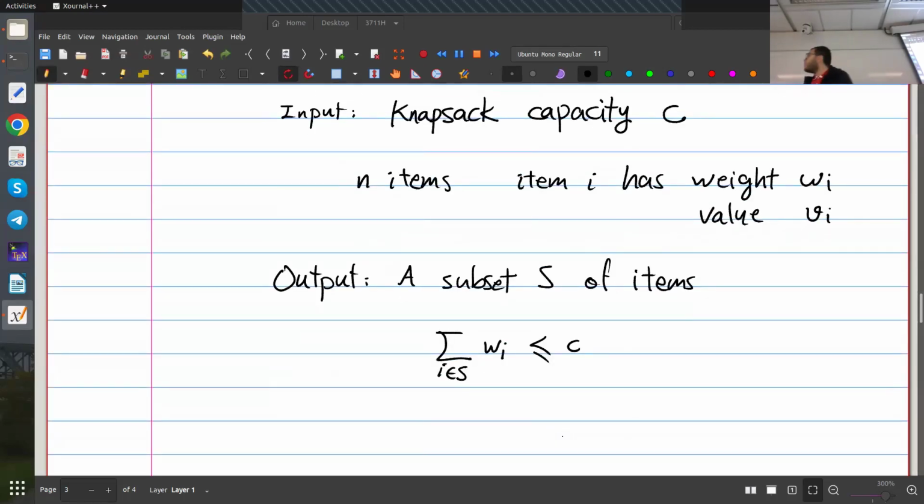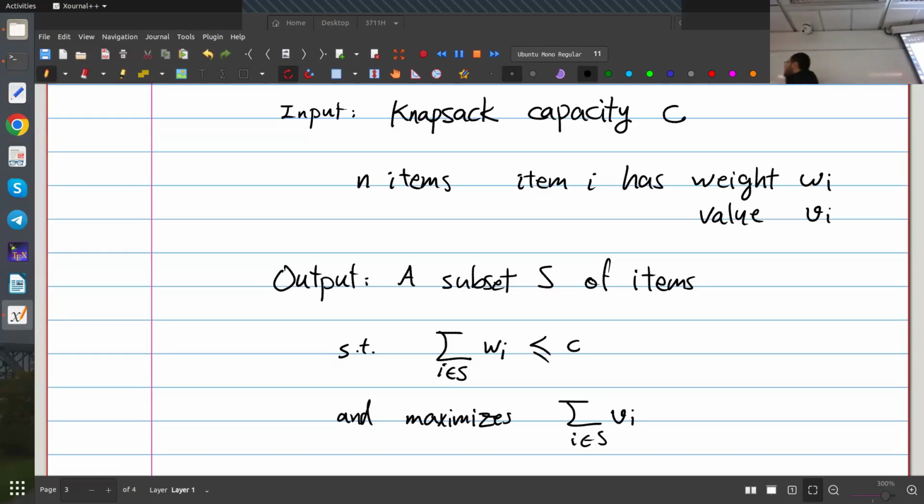But I also want to maximize the total value of the items that I'm taking, such that this happens and maximizes the sum of the values of the items. Okay.